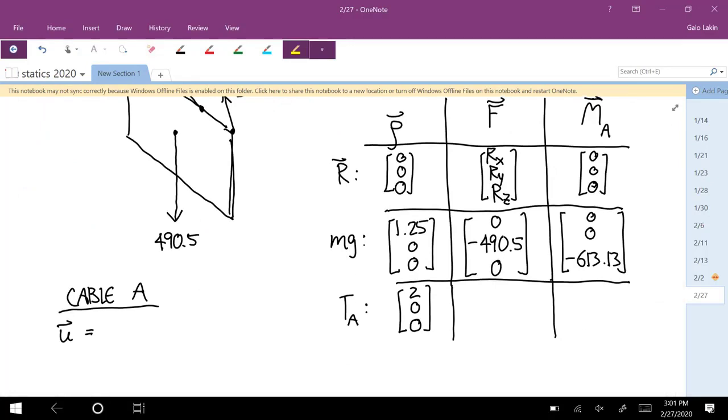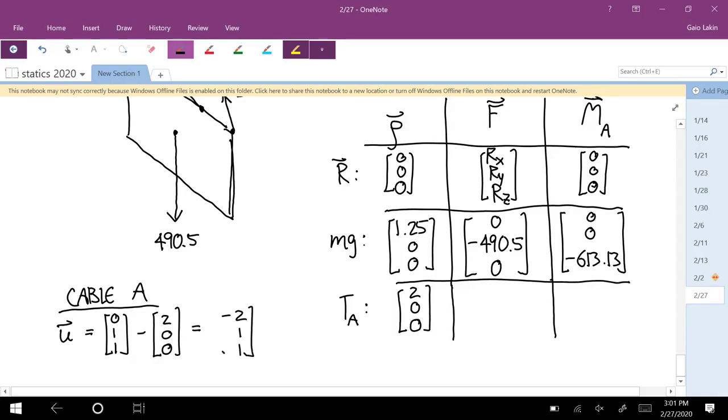So 0, 1, 1 minus 2, 0, 0. So you get this vector negative 2, 1, 1. And now we have to divide that by its magnitude.